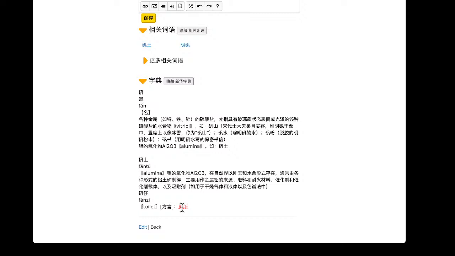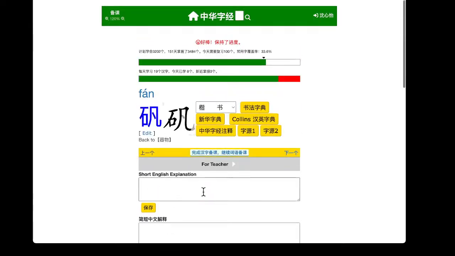Okay, so when I was small in China, people often did that because at that time China was poor. We didn't have this vast clean water supply through water pipes around the city, things like that. Okay, so this is a 矾.